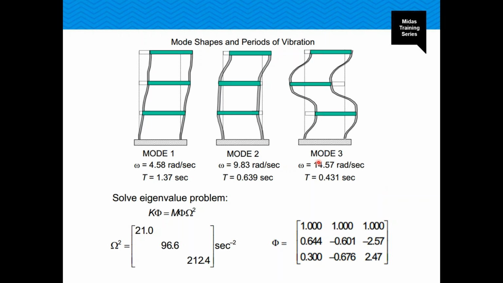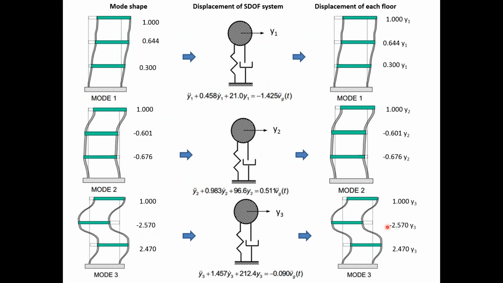Frequencies and mode shapes can be obtained by solving the eigenvalue problem. By using eigenvalues and eigenvectors of the 3 natural modes, 3 uncoupled equations of motion of SDOF systems are obtained here. The displacements of each floor are obtained by the product of the displacement of the SDOF system and the mode shape of each floor.